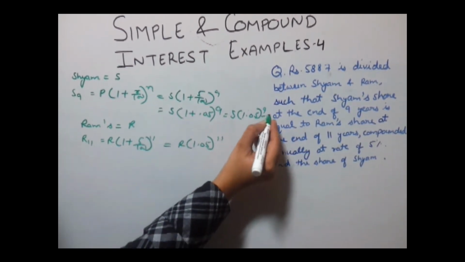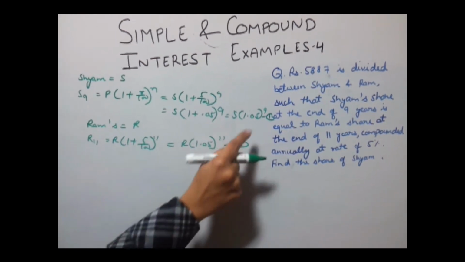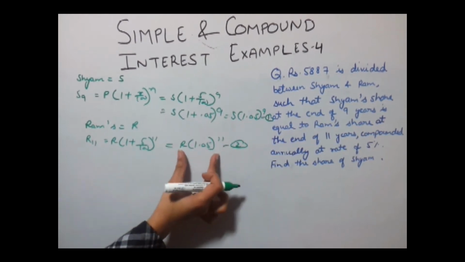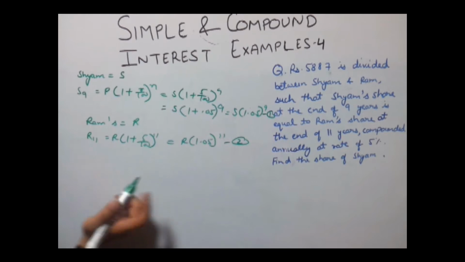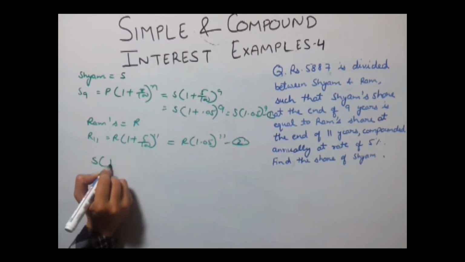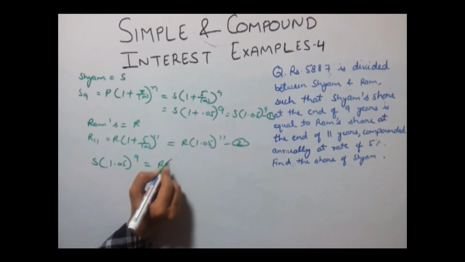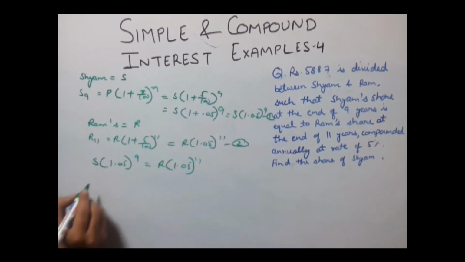Now this is our first equation and this is our second equation. And according to the question, both these equations are equal because Shyam's share is equal to Ram's share. So now we will equate both these equations and we will get S into 1.05 to the power 9 is equal to R into 1.05 to the power 11.